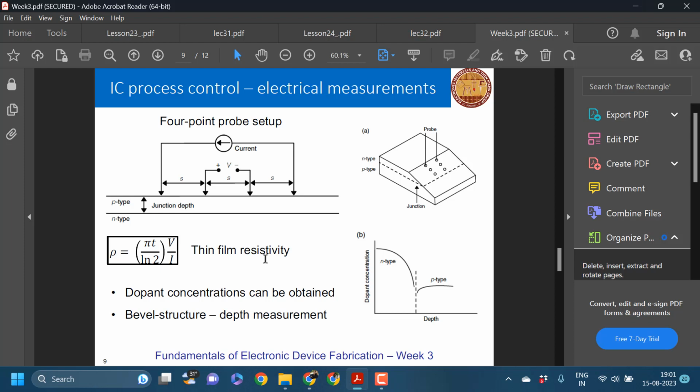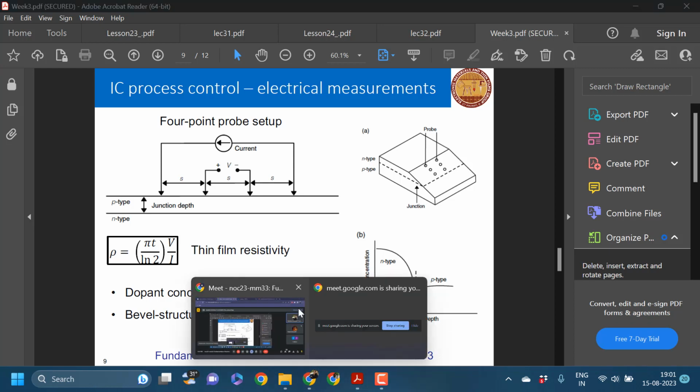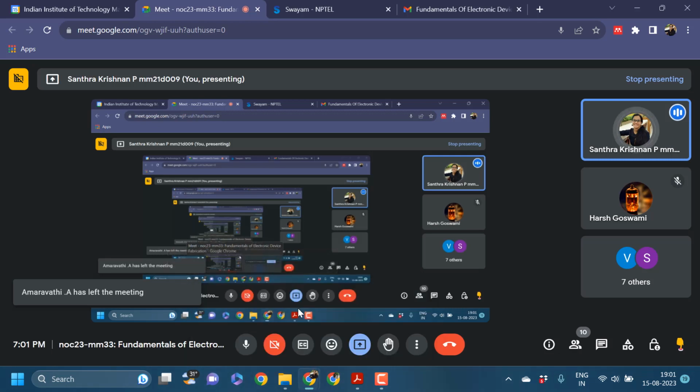So in electrical measurements, the first and foremost thing that we will be measuring will be... anybody? Take a wild guess.